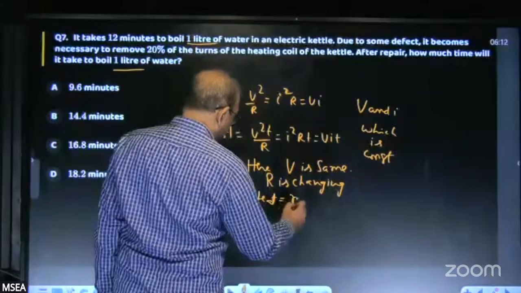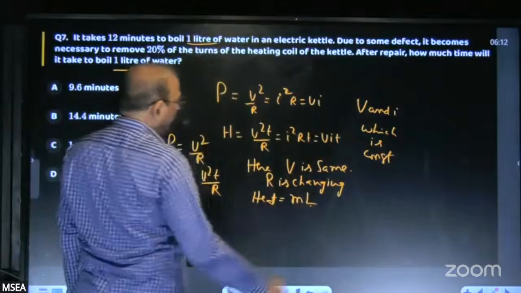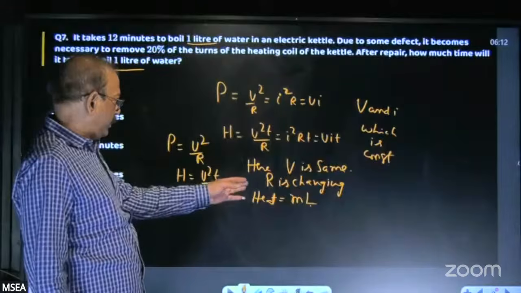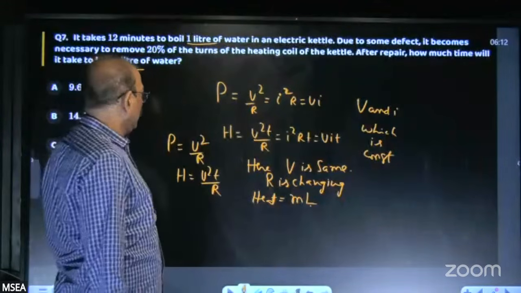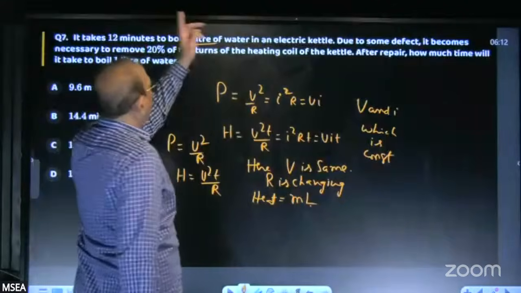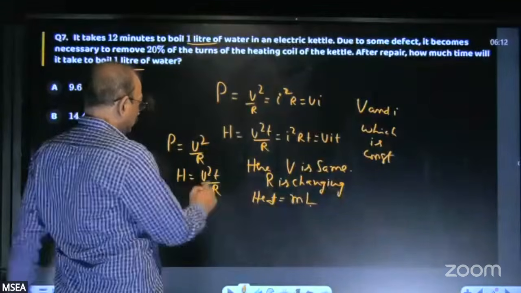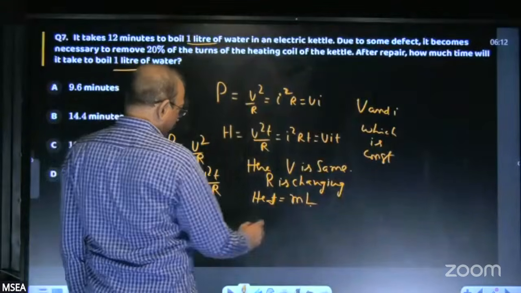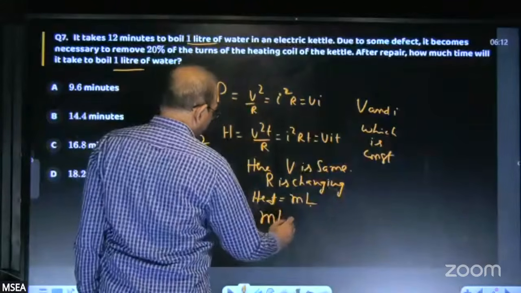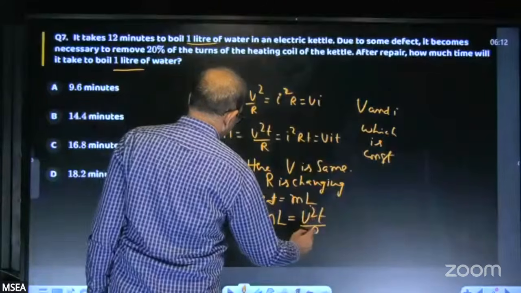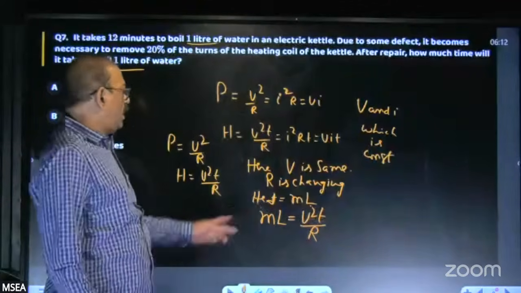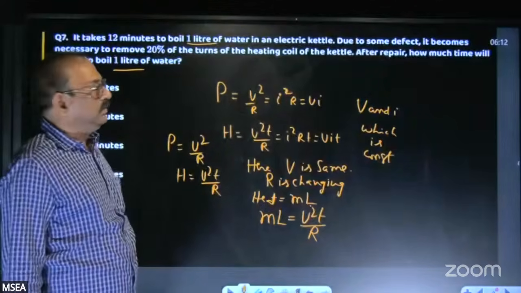You will do mL, where L is latent heat of water, m is mass of water. This heat is supplied by that heating coil, V square T by R. So mL equal to V square T by R.